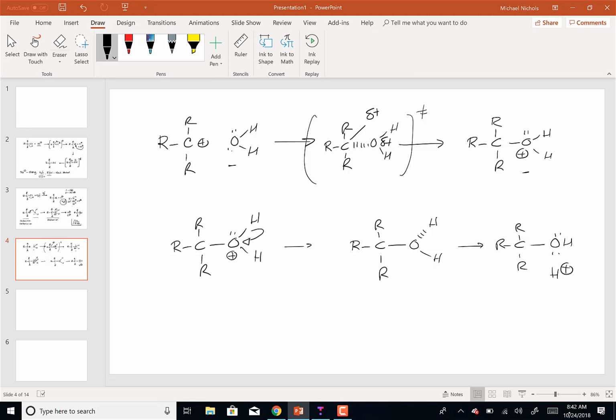Now, what about charges? What's the partial charge on the oxygen going to be? Partial positive. What's the charge on the hydrogen going to be?